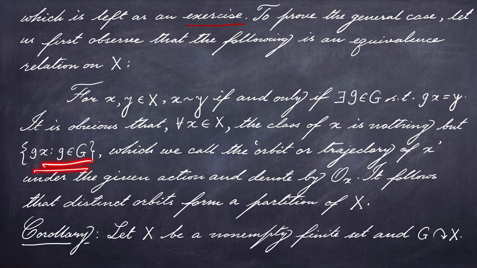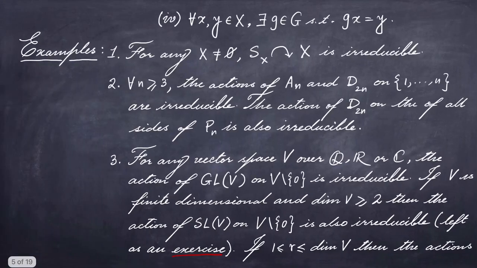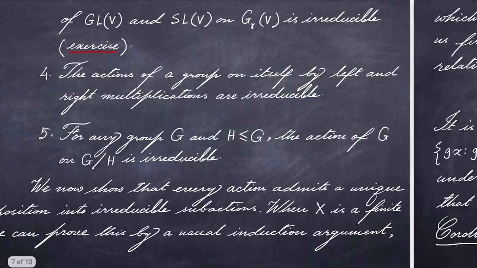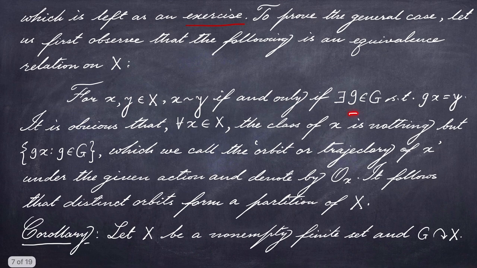So these translates we have already encountered earlier. For any small x in capital X, its equivalence class is indeed the smallest G-invariant subset containing x.